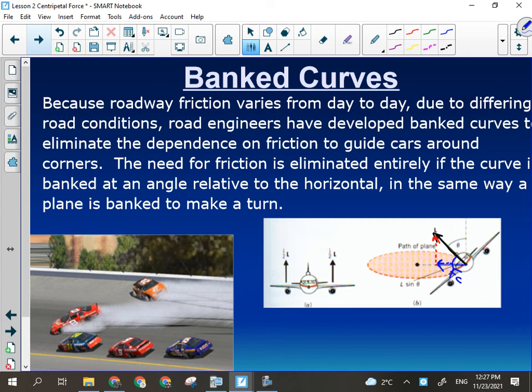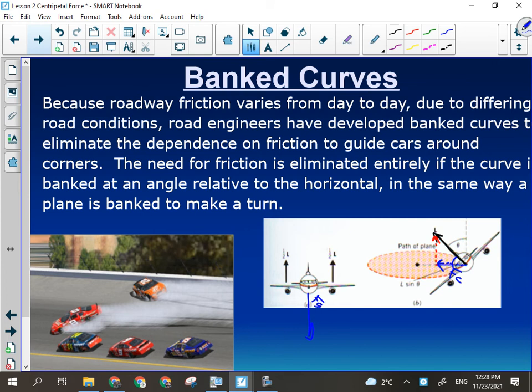When a plane does that, not all of the lift is directed upwards. So what's the plane also going to do while it turns? It's going to drop. Because when the plane is level, the lifting force offsets the force of gravity.